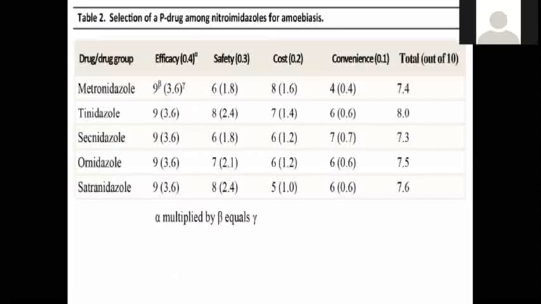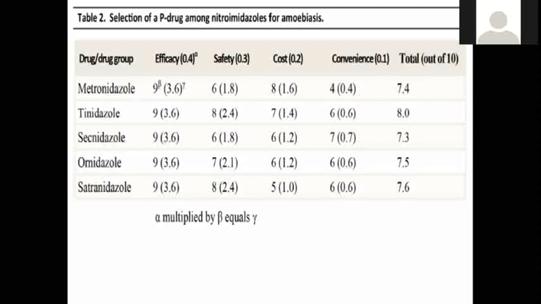The next step is to choose the drug for amoebiasis among the nitroimidazoles. Now we choose among drugs, not a group. The drugs are metronidazole, tinidazole, secnidazole, ornidazole, and satranidazole. We gave almost all the same efficacy, so 9 points. Metronidazole, as you know, causes more metallic taste, so we gave 6 points.